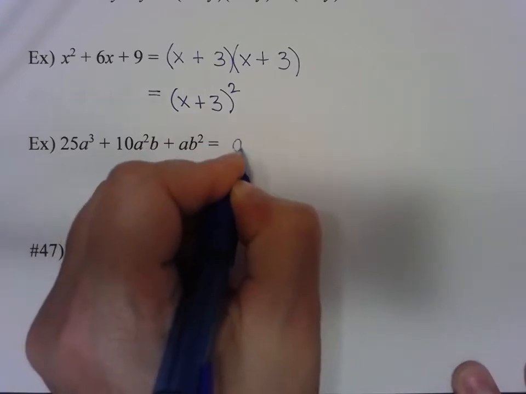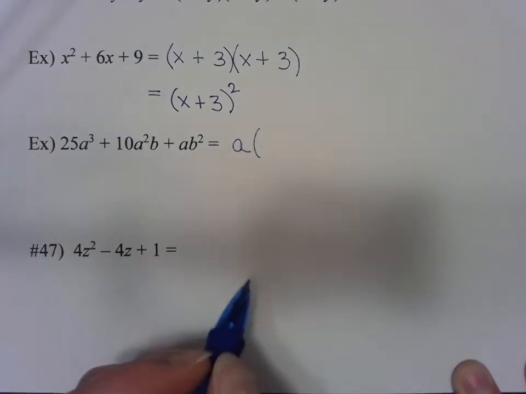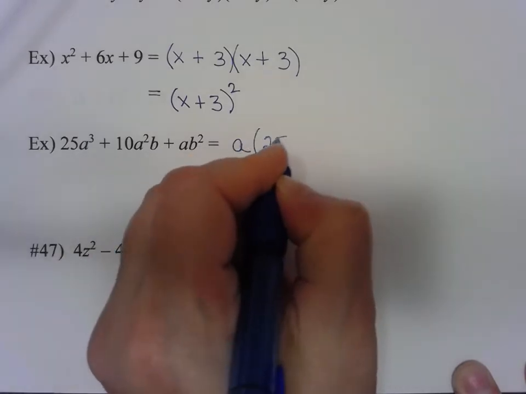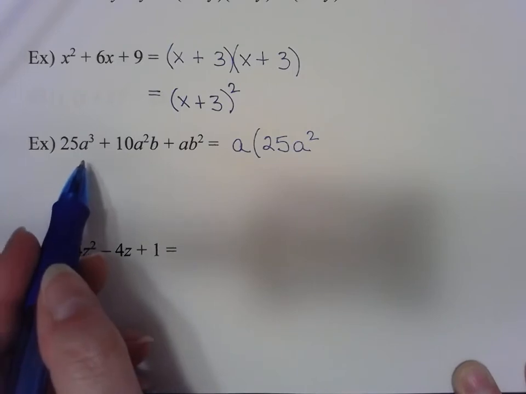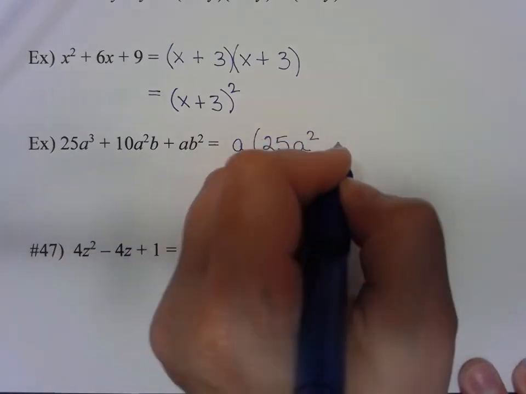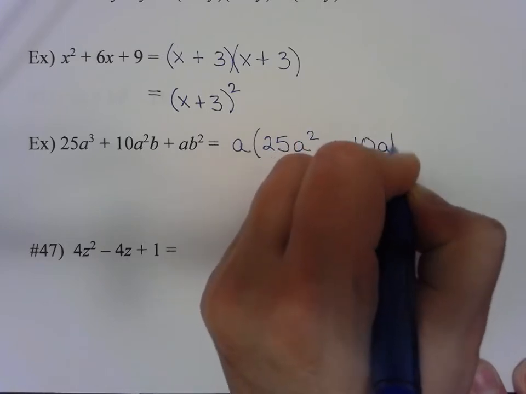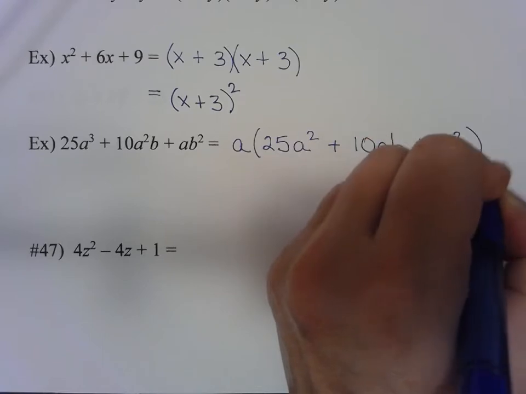They all share an a. So let's do that as a first step. If I factor out an a, what's left? 25a squared plus 10ab plus b squared.